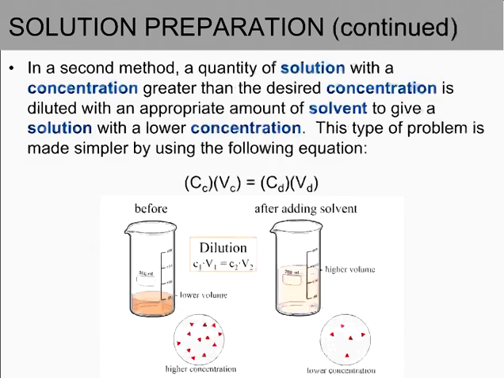Now there is a second way to make a solution of a particular concentration. In this second method, we're going to use what's called a stock solution or a very concentrated solution. We're going to take a certain amount of that concentrated solution, put it into a different beaker, and then dilute it with water. This is very similar to if you've ever gotten those concentrated juice cans at the store.